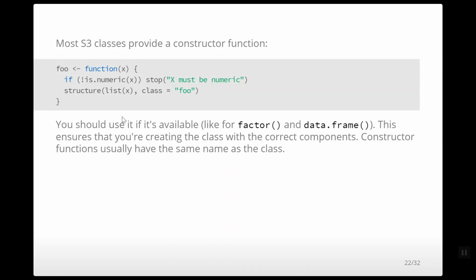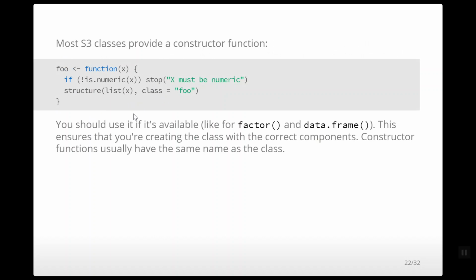A lot of times the classes will have a constructor function that will create an object of that class, much like factor. There's a function called factor such that whatever you put inside the factor function gets created to be an object of class factor. Here we are creating a function called foo so that whatever we put in foo will get returned as an object of class foo.